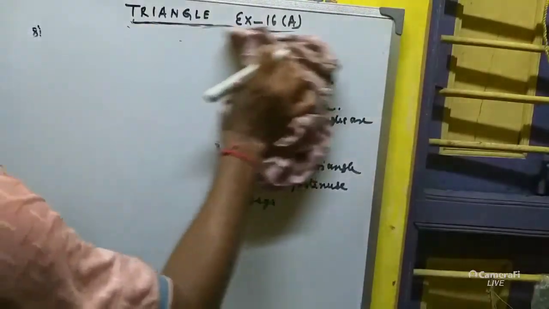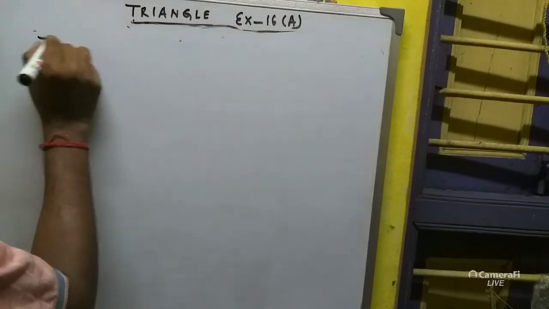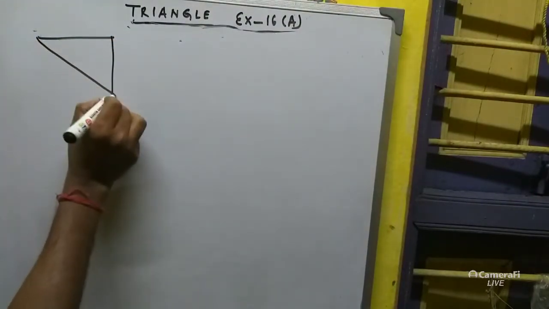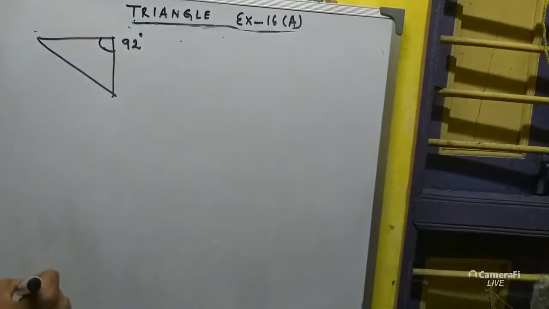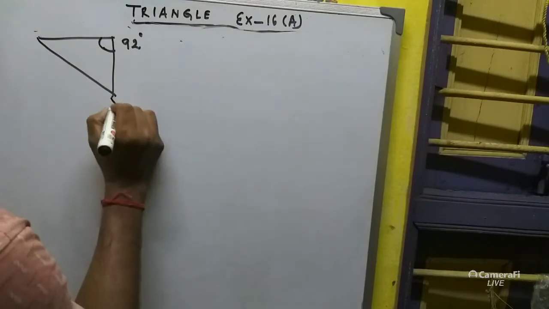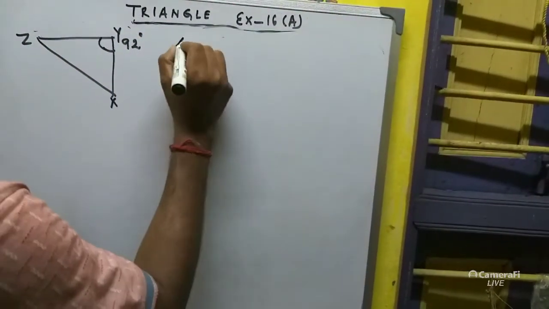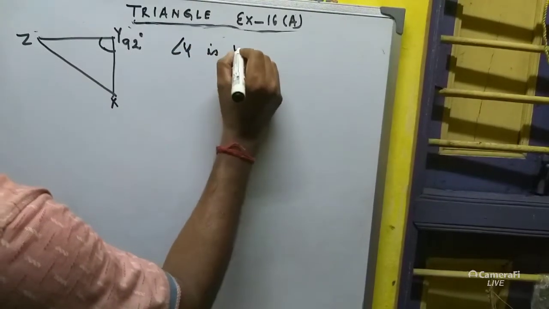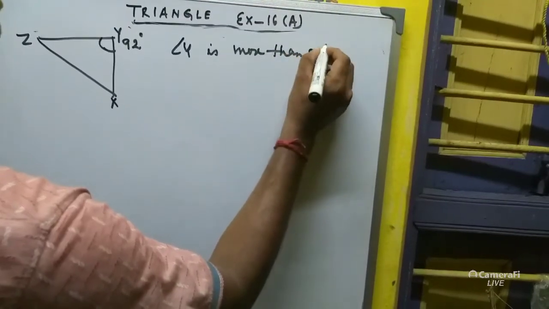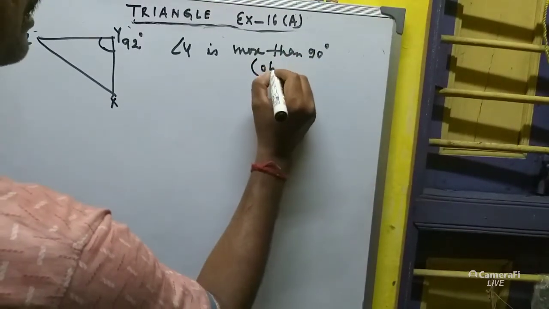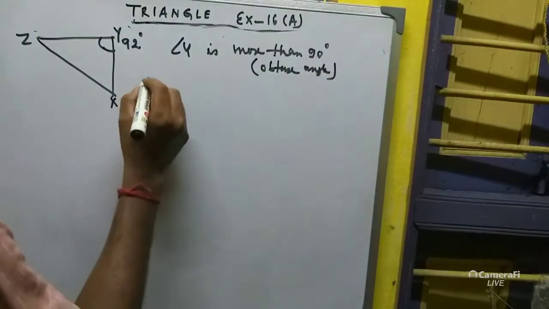Next one I will draw for you, for all the students. Look at this, it is more than 90 degrees, so 92. XYZ is the name given. Angle Y is more than 90 degrees, that means this one is an obtuse angle triangle.